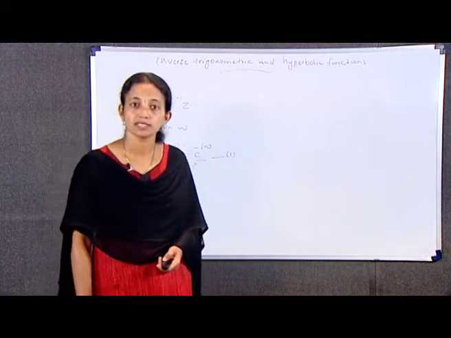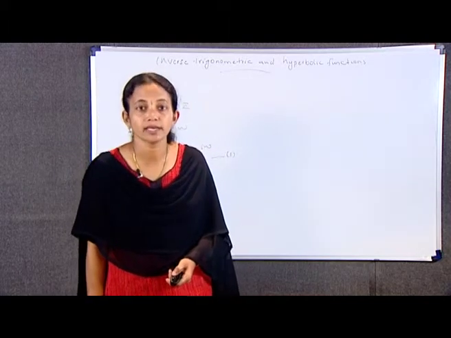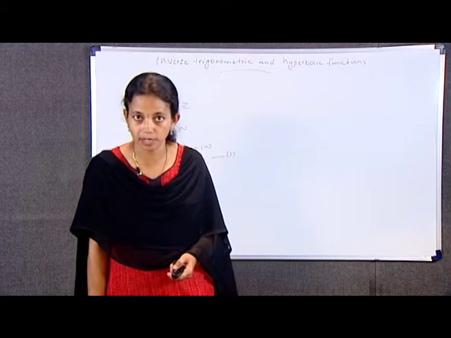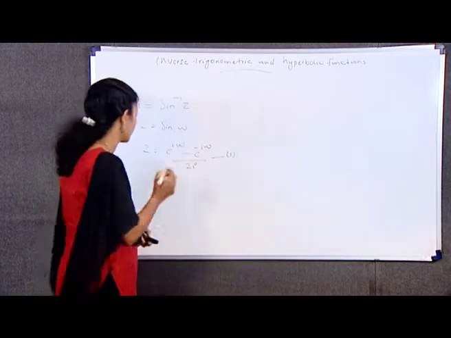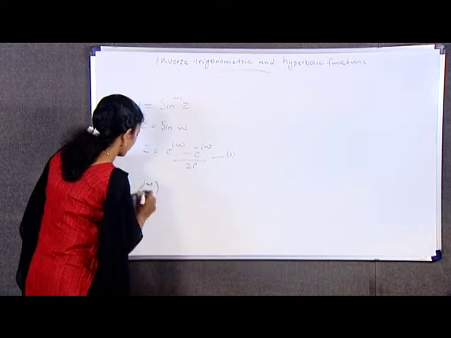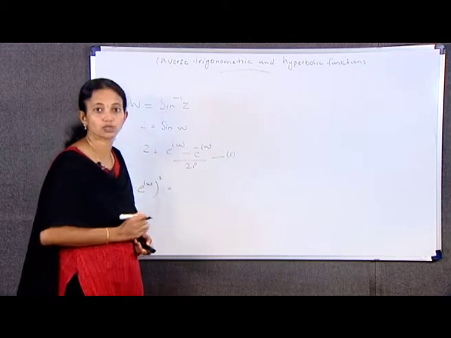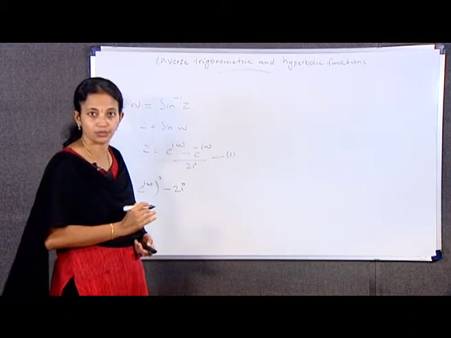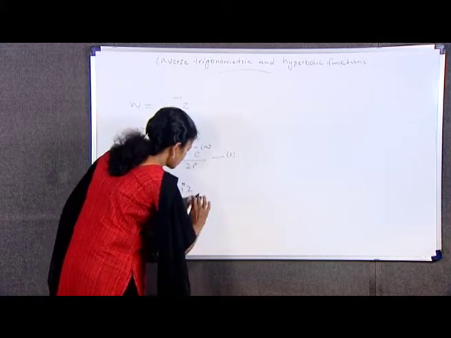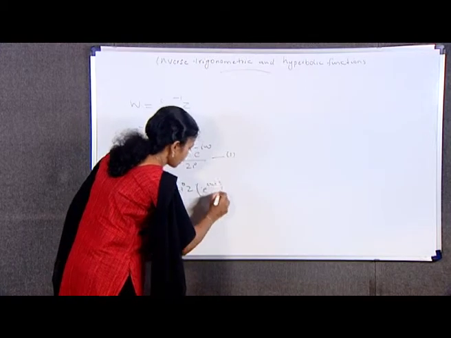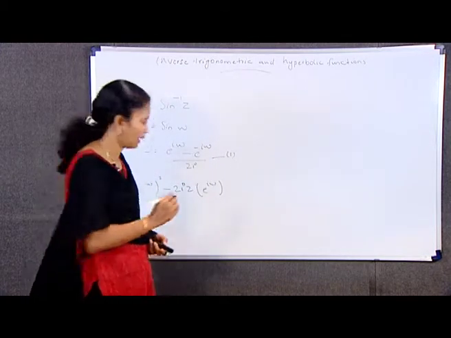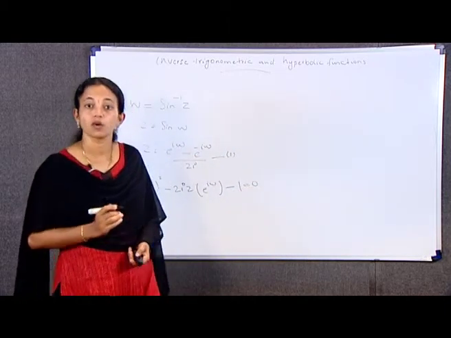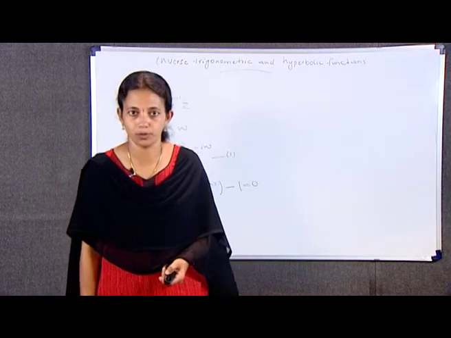Now, 1 gives 2iz is equal to e raised to iw minus 1 by e raised to iw, and gives e raised to iw squared minus 2i z e raised to iw minus 1 is equal to 0, which is a quadratic equation in e raised to iw.